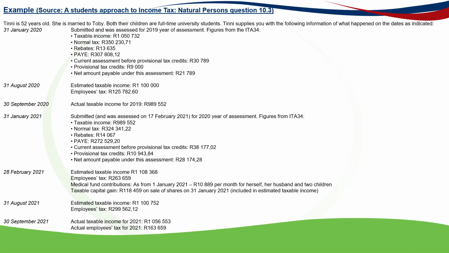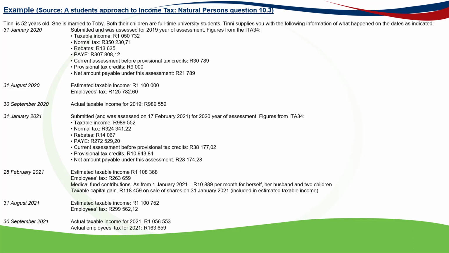You have taxable income, normal tax, rebates, pay as you earn, current assessment before provisional tax credits, provisional tax credits there, as well as the net payable amount under the assessment.